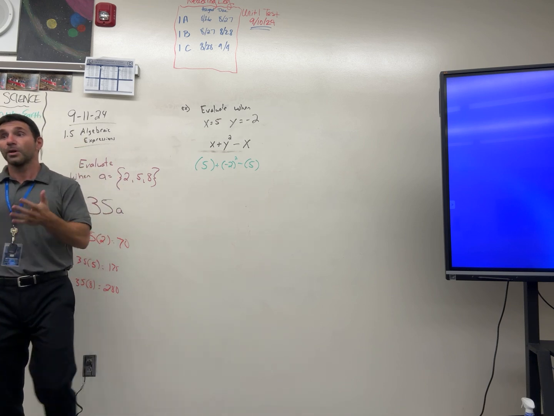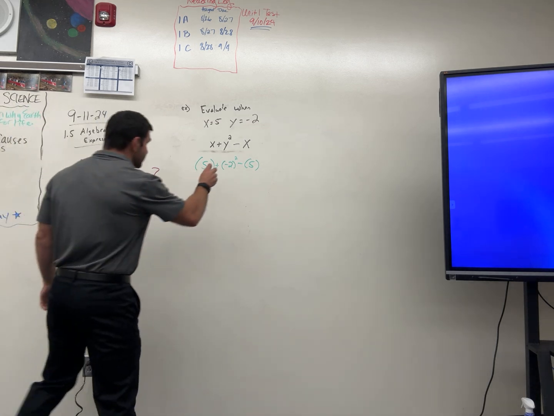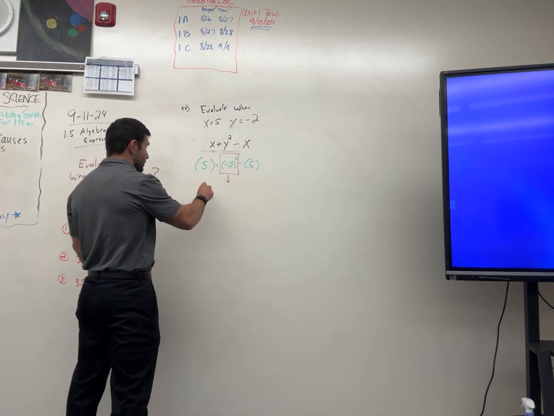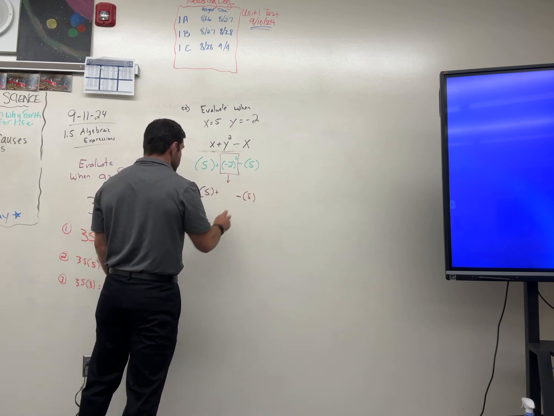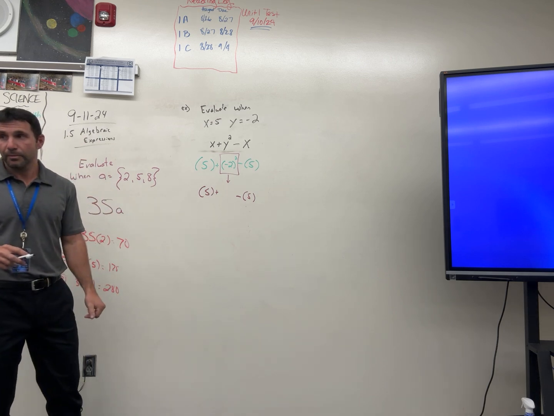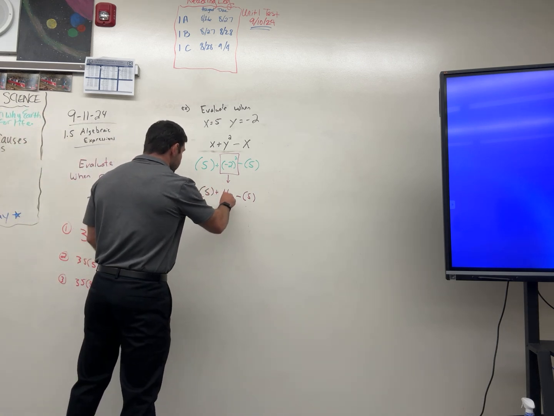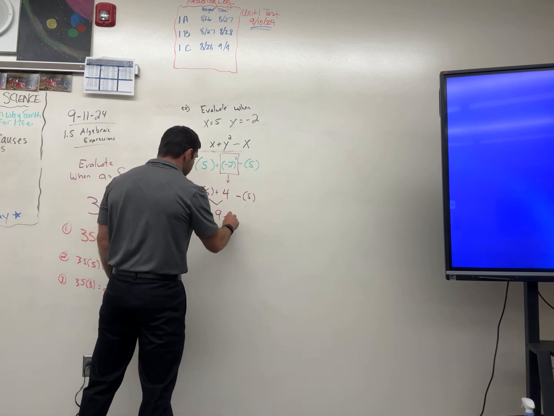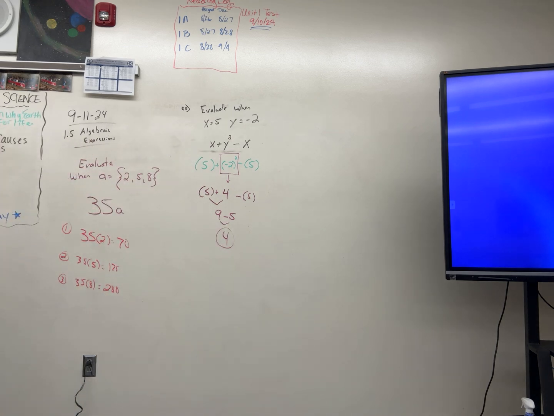Get your calculator. Put a parenthesis, -2 parentheses, square it. And then tell me what you get. +4. So now I have 5 plus 4 minus 5. 5 plus 4 is 9. Minus 5 is 4. I've now evaluated.